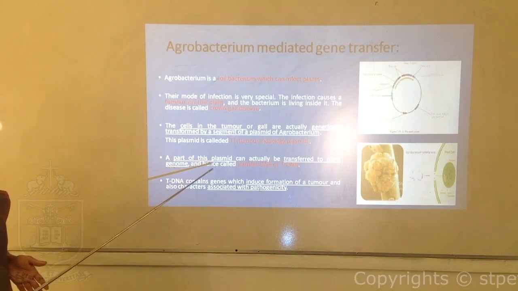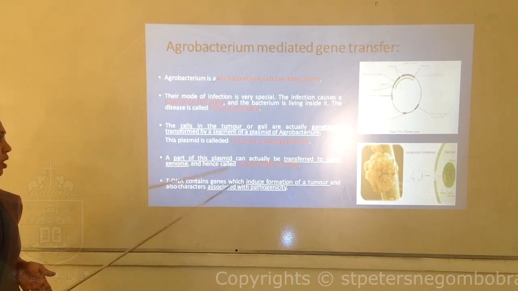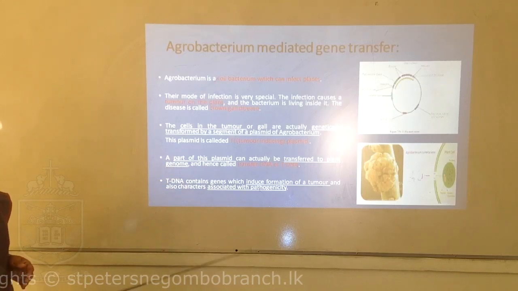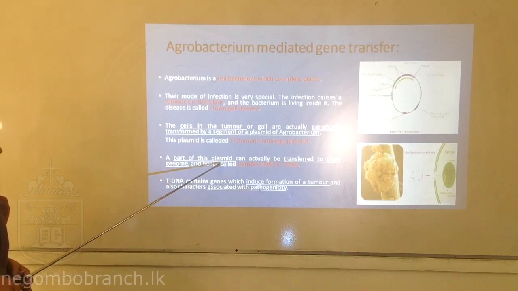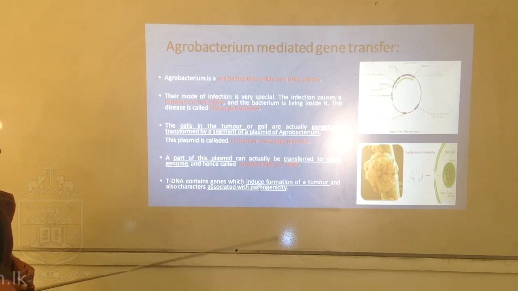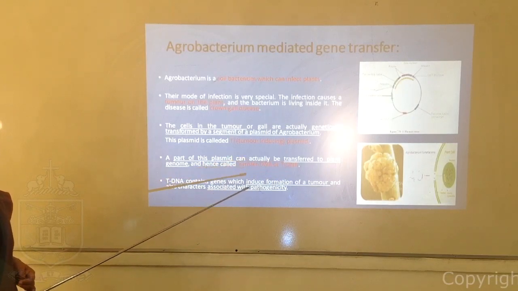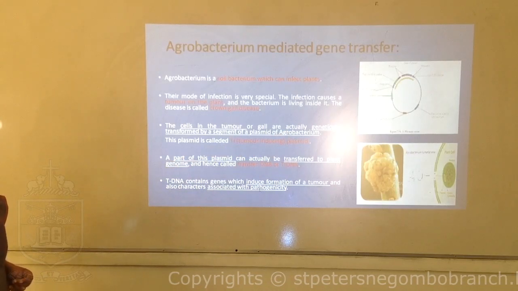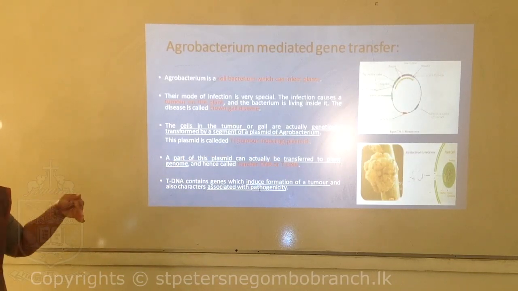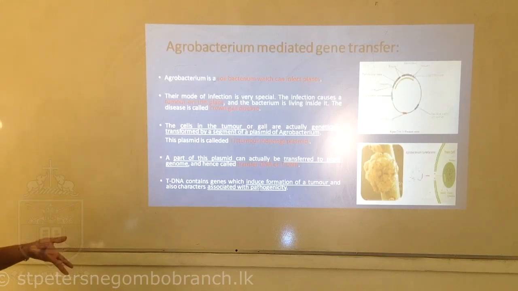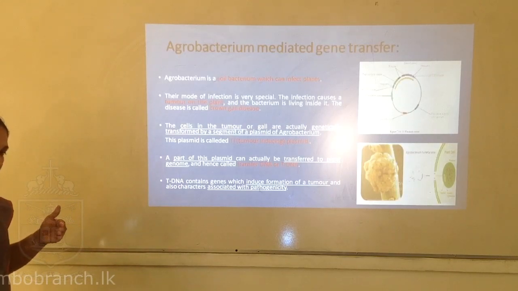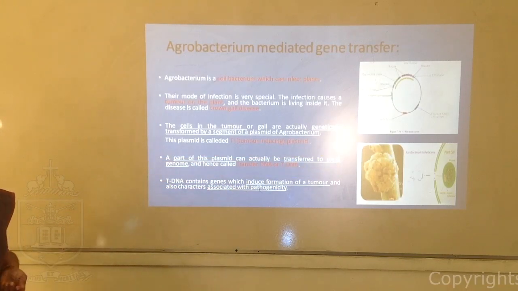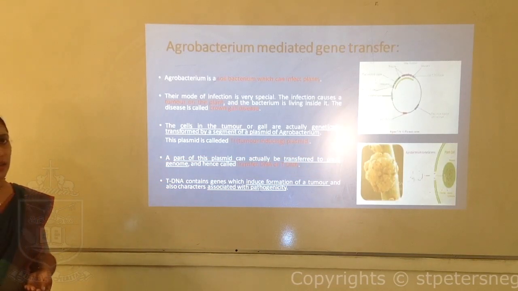A part of the plasmid can be replaced with the necessary DNA, and this DNA is known as tDNA, and the plasmid is known as the tumor inducing plasmid. So whatever we are doing, actually we are giving the gene of interest to the bacteria and it transfers the necessary product to the plant.